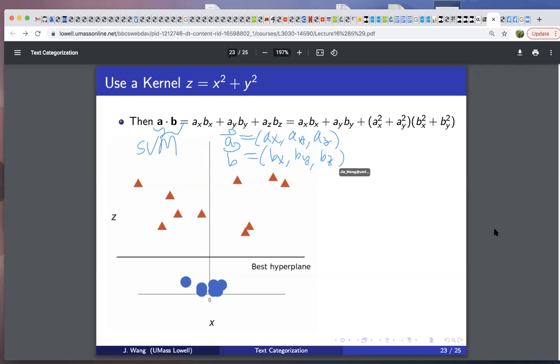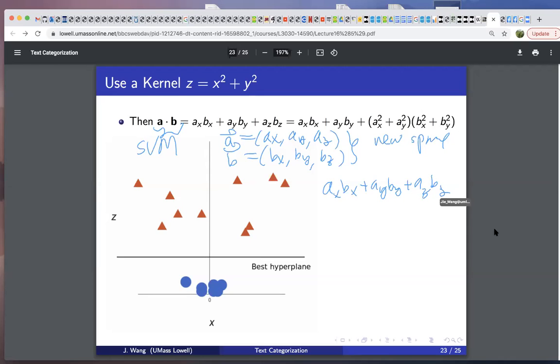So the inner product, now in this new space, will be AX BX plus AY BY plus AZ BZ.